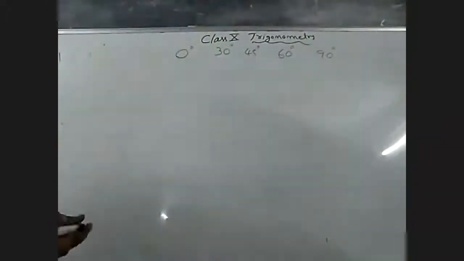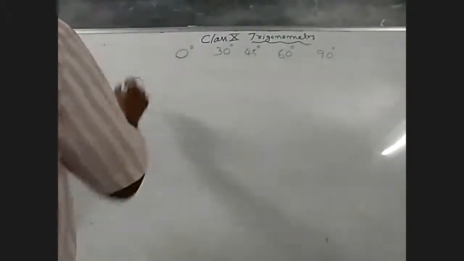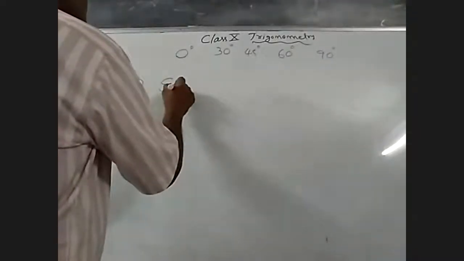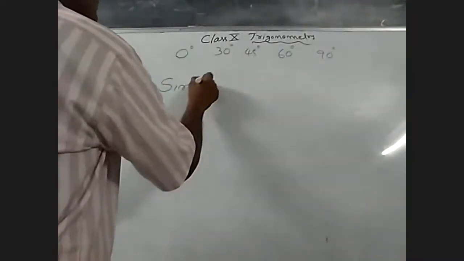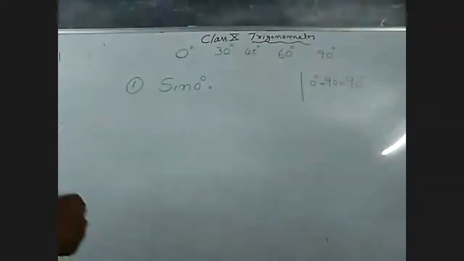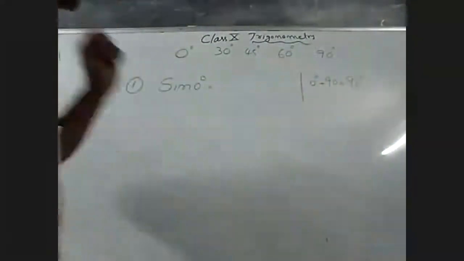Next, remember. To remember, see, number 1, sine 0 degree. Here 0 plus 90 gives 90 degrees. See this example. 0 plus 90 gives 90 degrees.